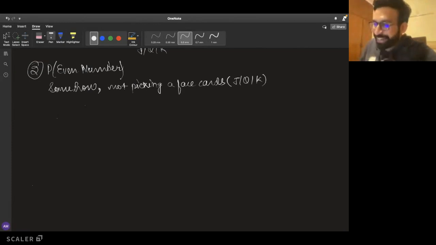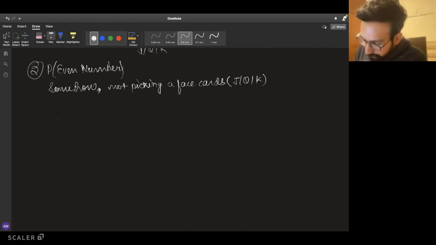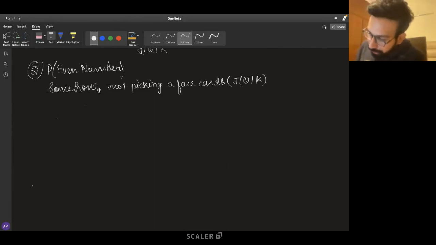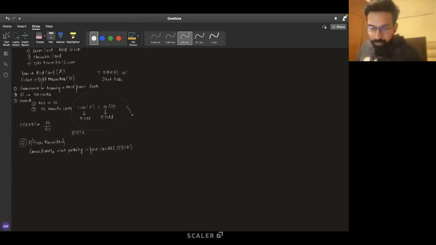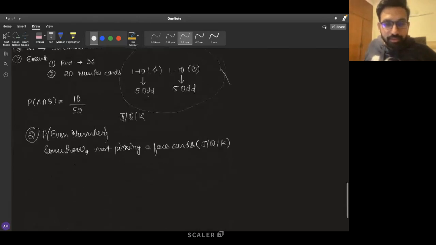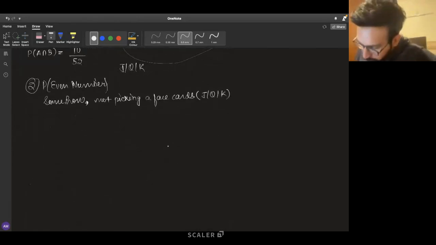We are interested in knowing the probability of an even number, and what we've made interesting is that somehow you are aware that the host is not going to pick a face card for you. Now there are two things happening here. First, you are getting to know what's happening.